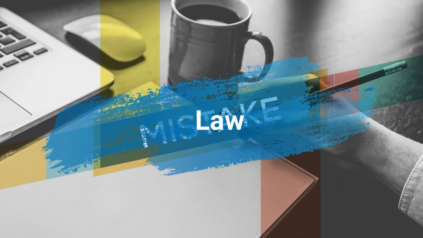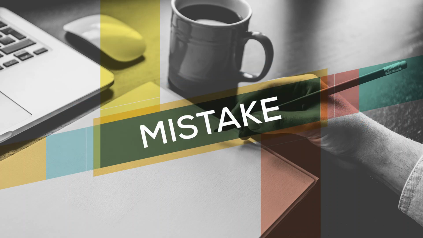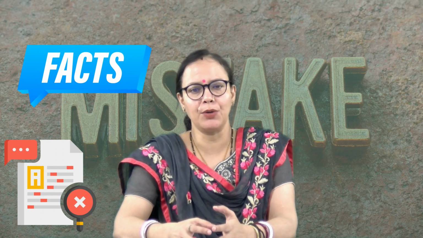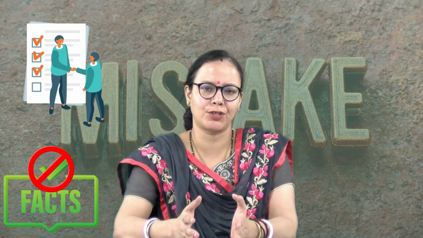So when we talk of mistake of law and mistake of fact, we must know that mistake of fact is basically when we are omitting certain factual information from entering into the contract. So parties are entering into the contract, but they are omitting the facts.